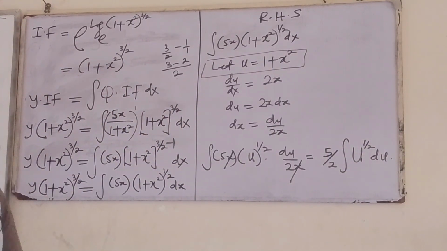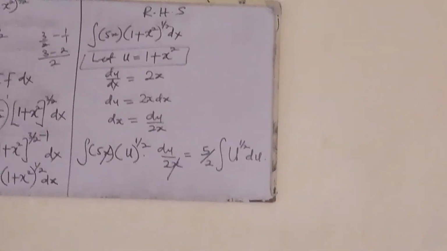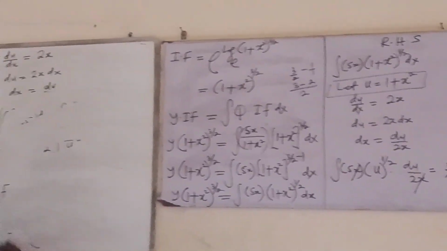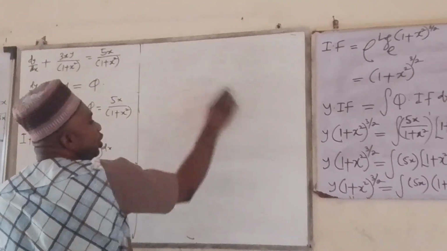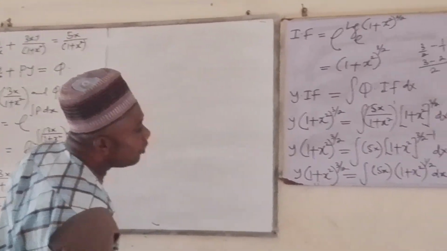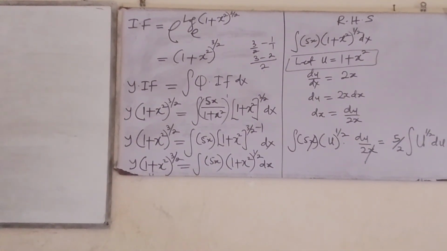So it means the whole of that now will be equal to 5 all over 2. Now let's integrate u power half.